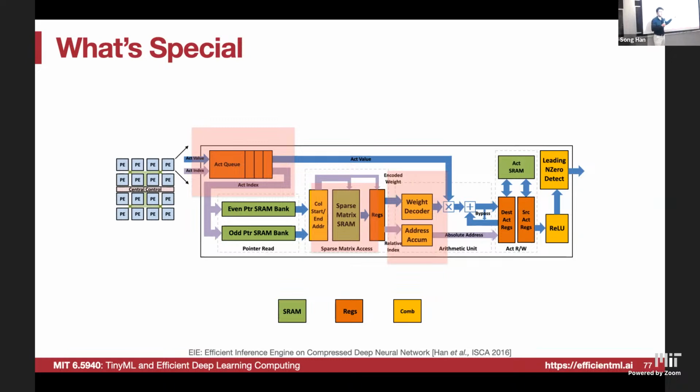We take advantage of the weight sparsity, only storing those non-zero weights, and take advantage of the low precision and weight sharing to decode from the 4-bit index into the 16-bit actual weight. We are going to implement such a decoder in our Lab 5 so that we can run Llama 2, which has 7 billion parameters, but the weight only occupies 3.5 gigabytes, which can fit on your laptop.